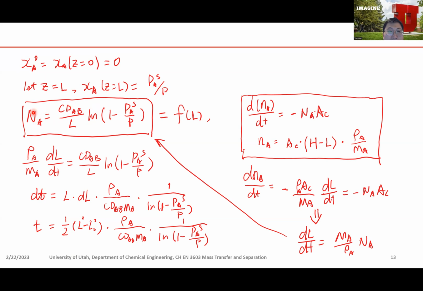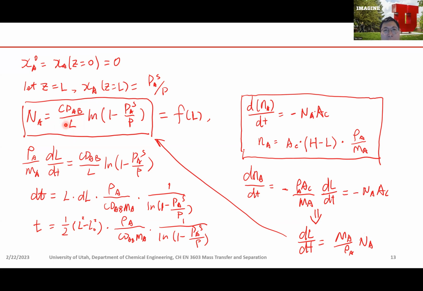If we examine this equation, we find that N_A is a function of L, whereas all the other parameters are constant and don't depend on time or location.